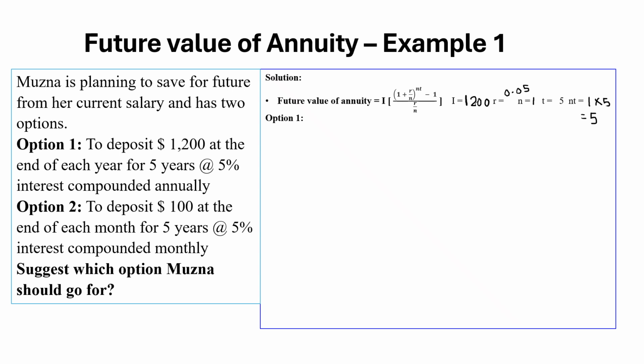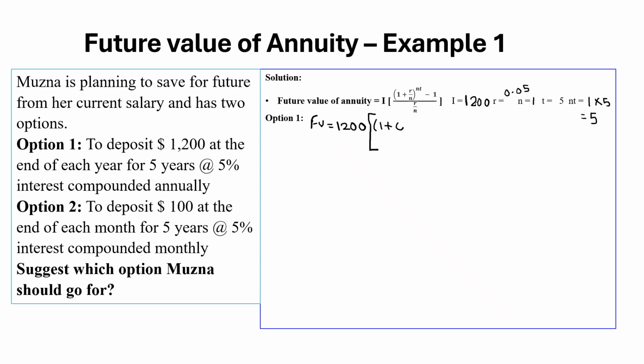Now, since this is a formula, we will just write it down for the first option. So my future value is equal to, what is my I? My I is 1200, bracket, 1 plus, what is my R?